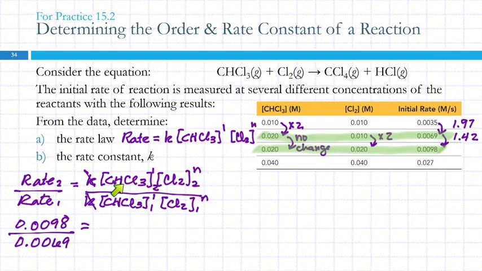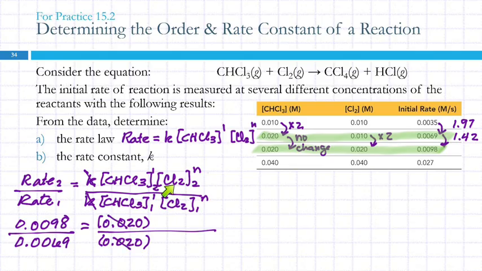Now, we could put in the concentration for the other reactant, but it's the same, right? It's canceling out. Let's go ahead and put it in there anyway. 0.020 and 0.020. Those are going to cancel out.